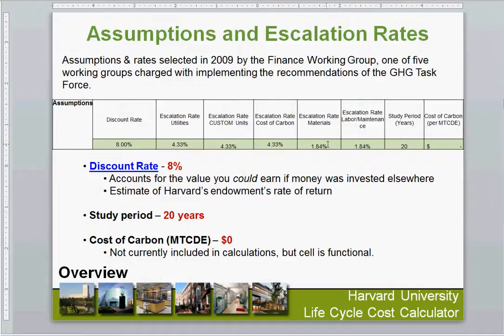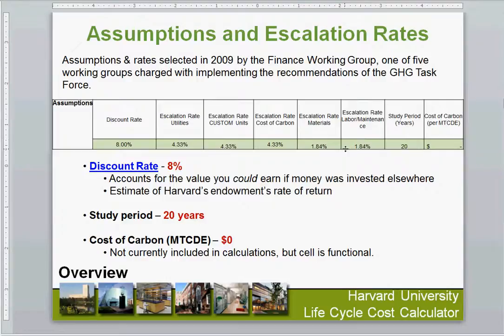We also have a number of escalation rates embedded in our calculator. What these are saying is, for instance, we expect our utility costs to rise by 4.33% per year going forward. We expect the cost of materials to rise, but at a lower rate, 1.84%. We also use that for our maintenance costs.